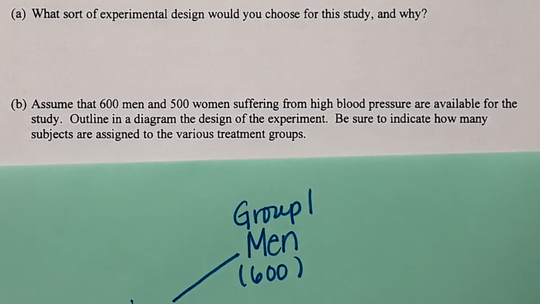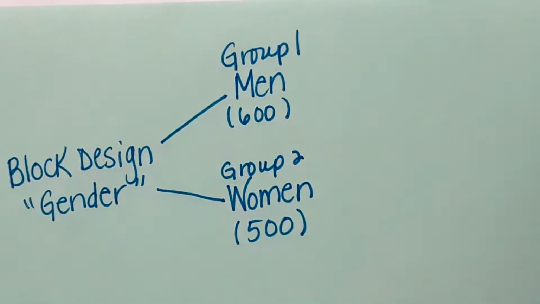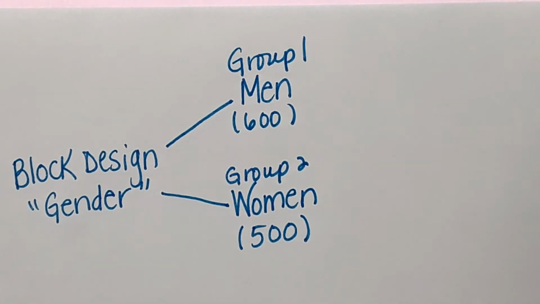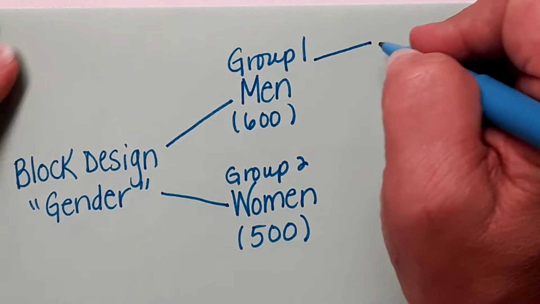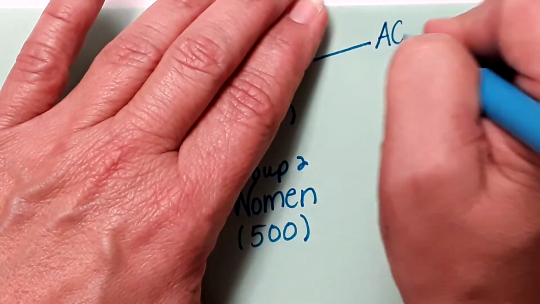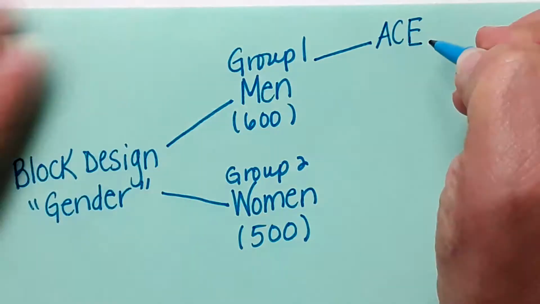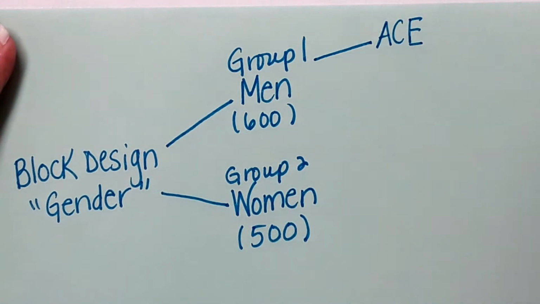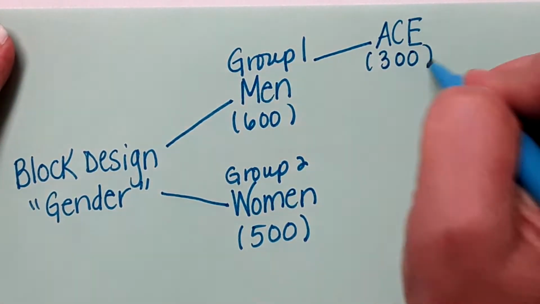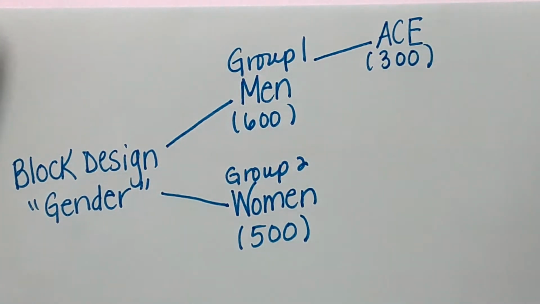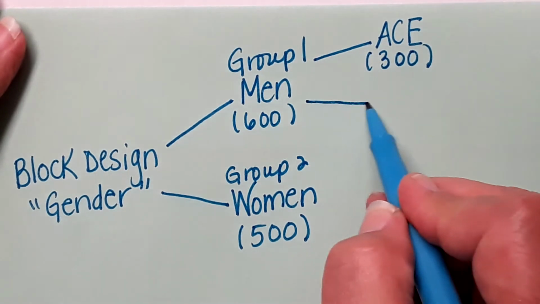Okay? So now we have a treatment. And what is the treatment? ACE. And we're going to have ACE here. And how many men are we going to put in the first group? 300. Why do I say that for the first group? What do we have to have? We have to have a control group.